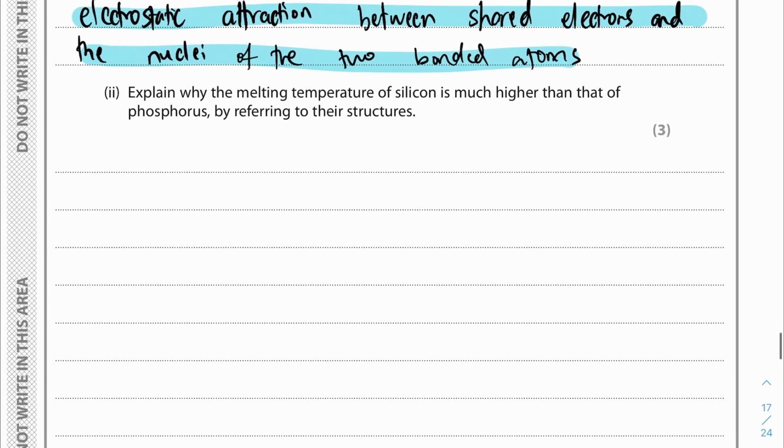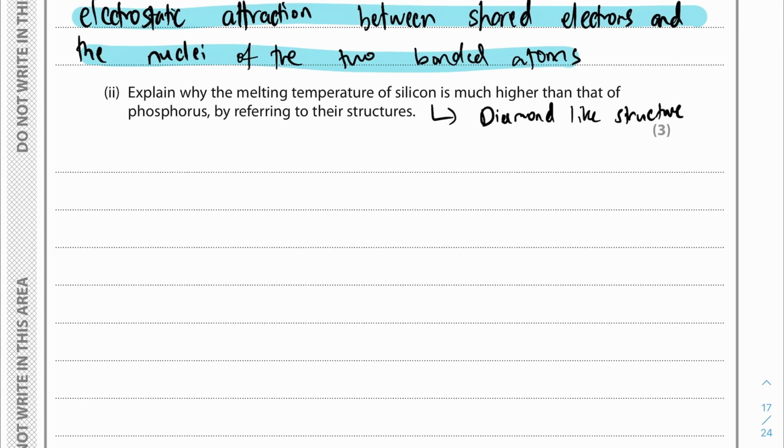Now explain why the melting temperature of silicon is much higher than that of phosphorus by referring to their structures. What can you remember about silicon is that it has a diamond-like structure, right? Now what kind of structure is that? That is a giant covalent structure.